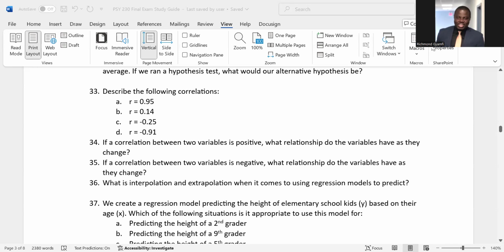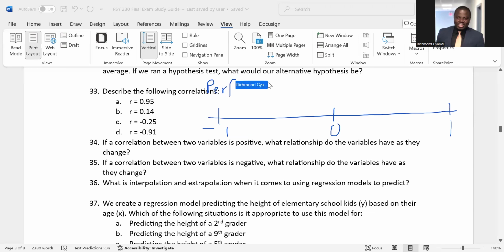In 33, we are supposed to define the following correlations. Now, we did say in class that for correlations, it's always going to go from -1 to +1. In the middle, we have a 0. At -1, we do have a perfect negative, and then at +1, we do have a perfect positive.